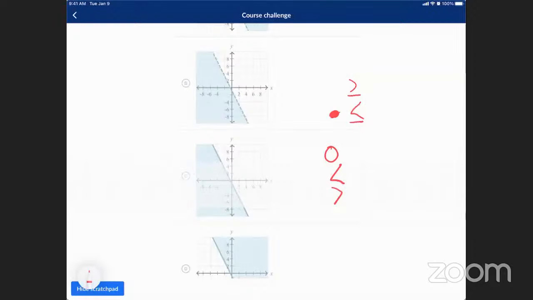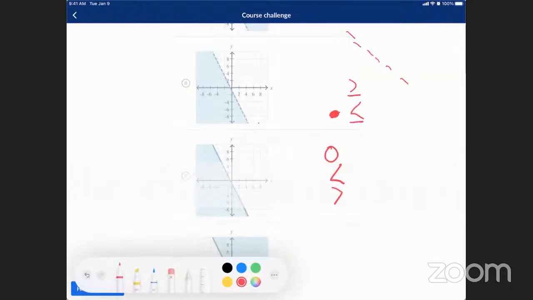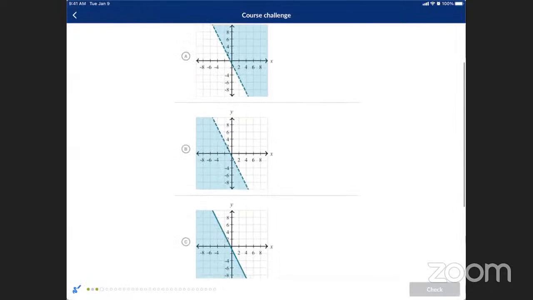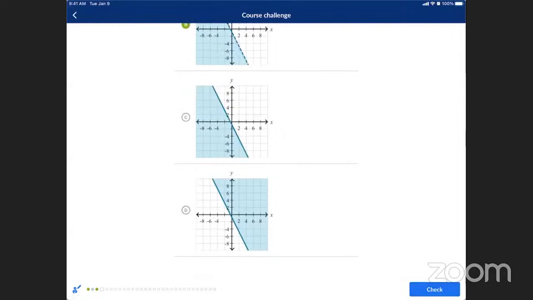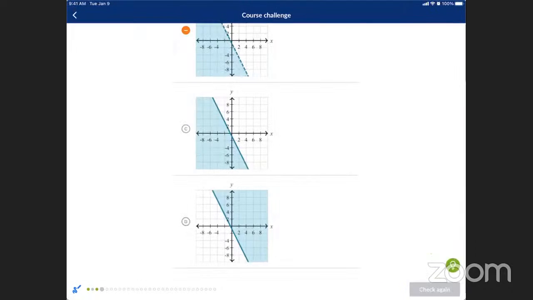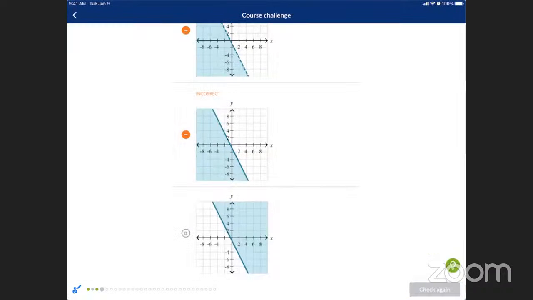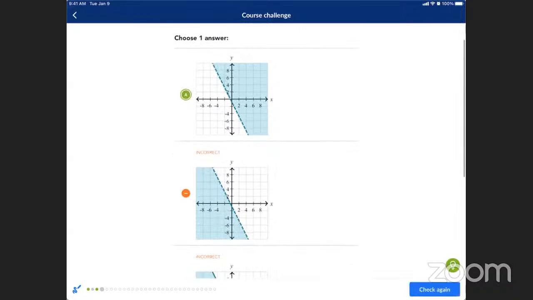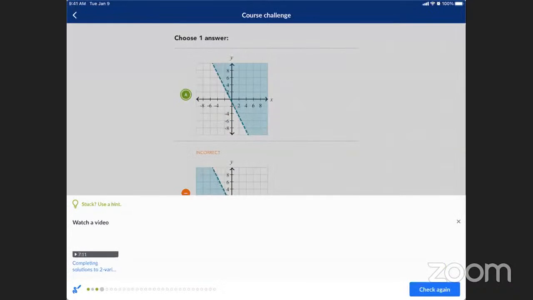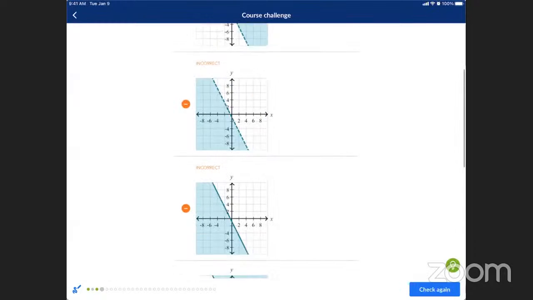But the dotted line in here, I'm going to say it's less. I'm going to say that it's going to be B. No. Then C then? No, it isn't either. So I'm totally outside of it. Then we've got to look at the hint.